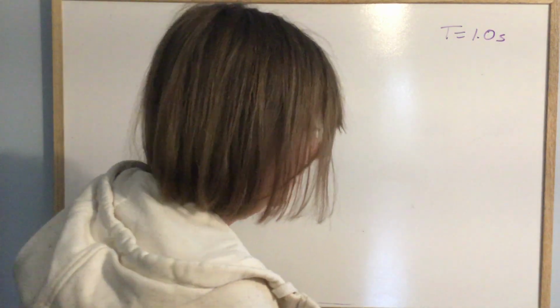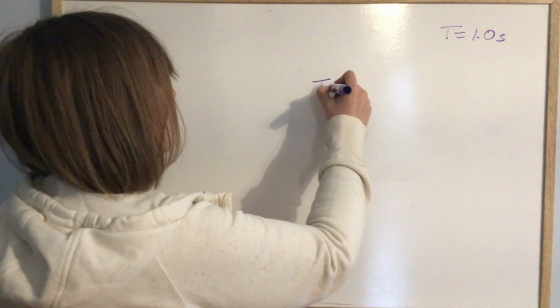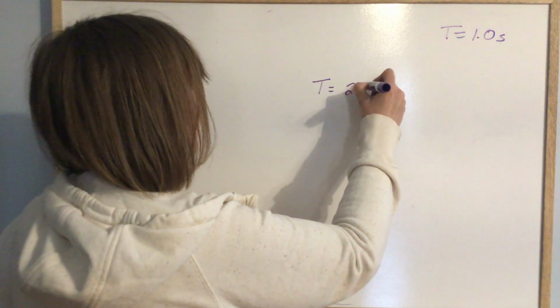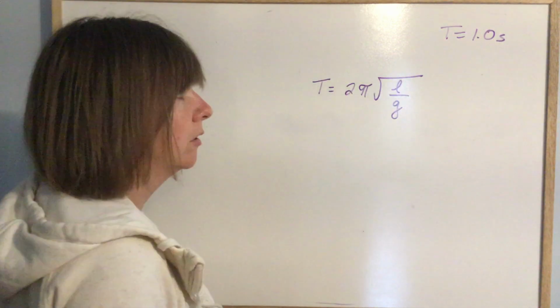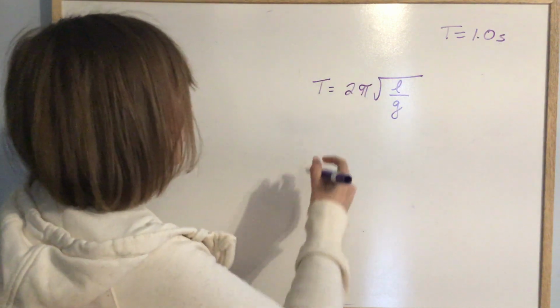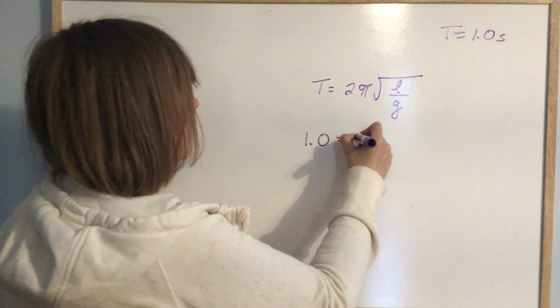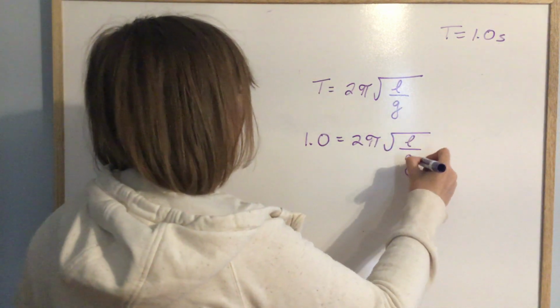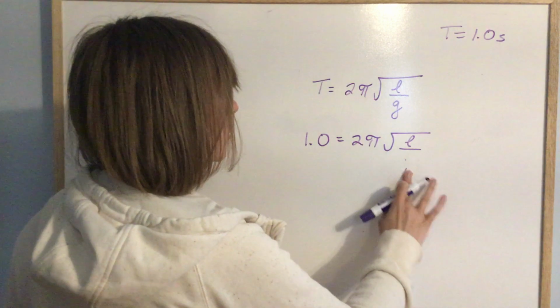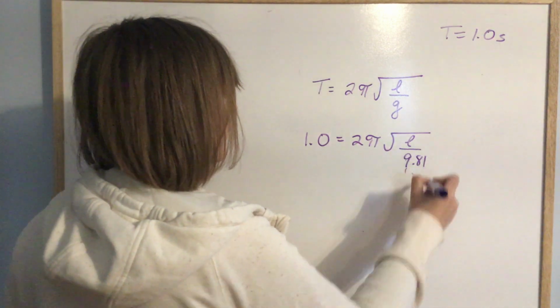If that's the case, the formula is period is equal to 2 pi times the square root of L over G. Now we are looking for L. That's what we want to know. So the period is 1. That's equal to 2 pi times the square root of L over G. Sorry, G is 9.81.